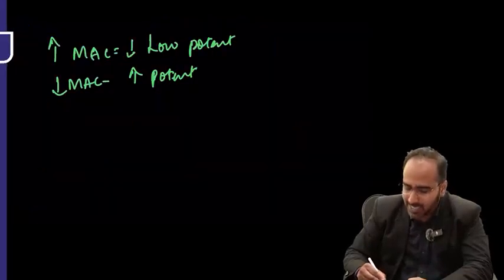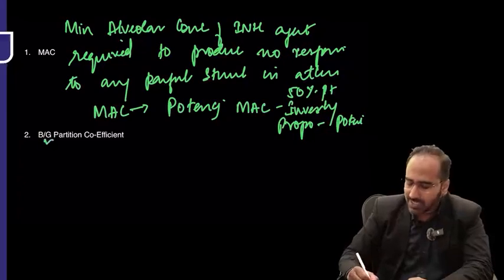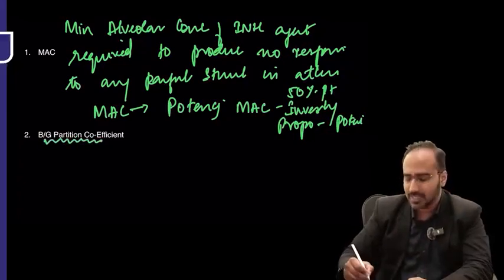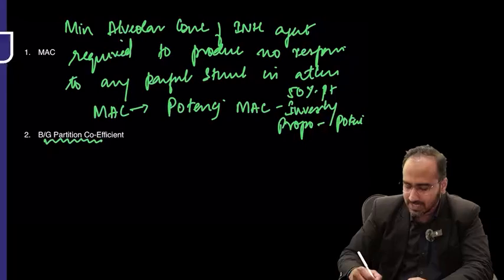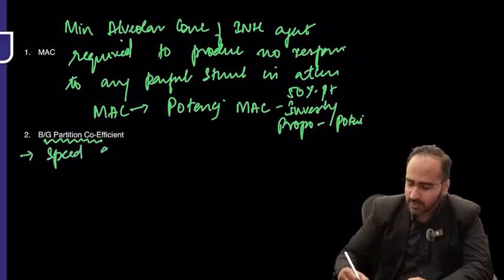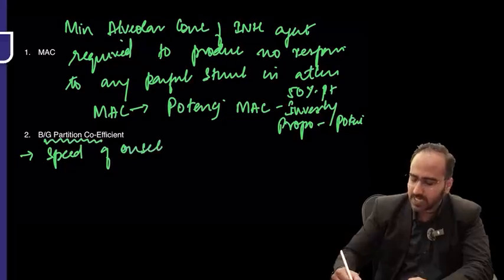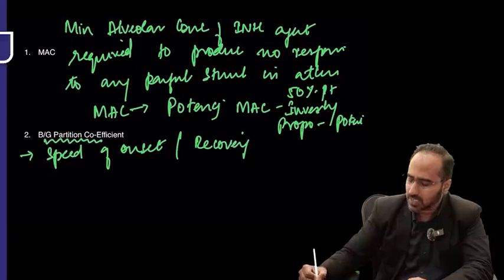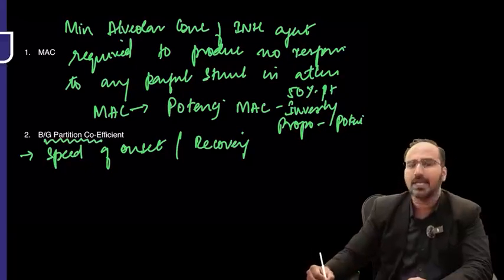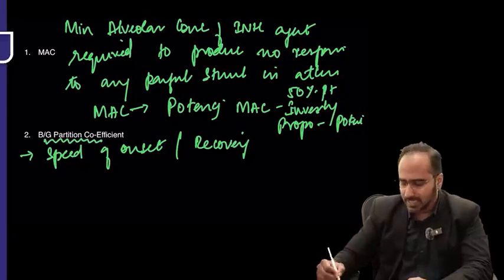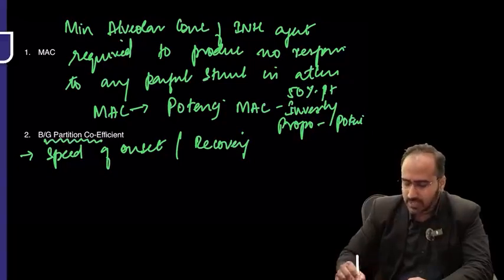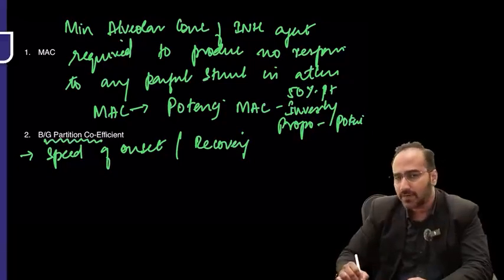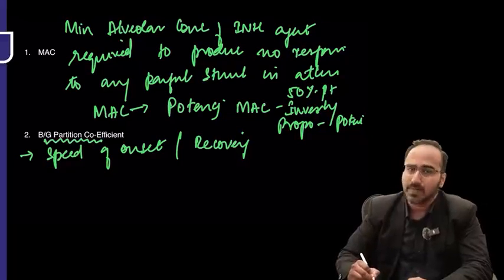Now coming to blood gas partition coefficient. What is blood gas partition coefficient, guys? Blood gas partition coefficient is the indicator of speed of onset and recovery. But blood gas coefficient is inversely proportional to it.